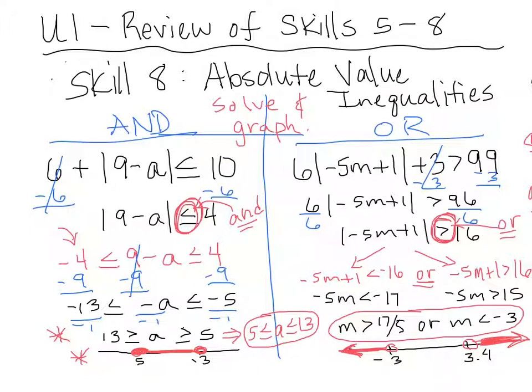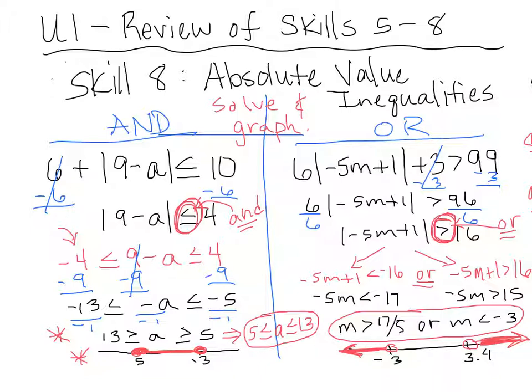Both involved dividing by that negative 5 at the end, so I had to flip those signs again. I got m is greater than 17/5, which is 3.4 or 3 2/5, or m could be less than negative 3. And I have both of those intervals represented on my number line.